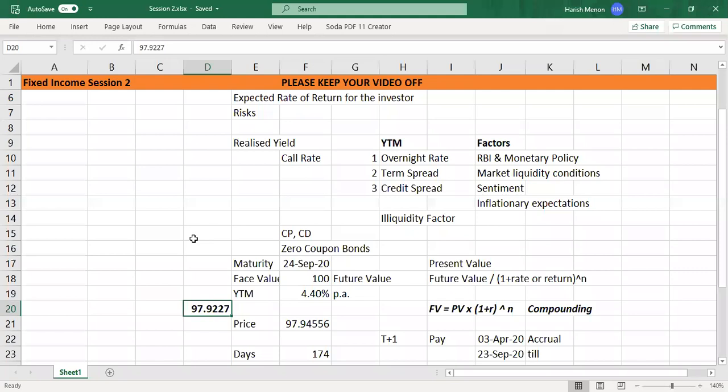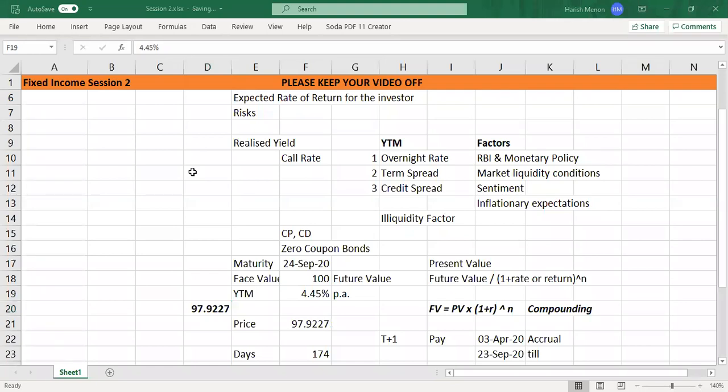If somebody pays 97.92, the yield is whatever it came to. I think it was 4.5 or 4.55 or 4.75. I forgot what the yield was. So that yield you will get, whatever was the corresponding yield. Oh, is it 4.45? Correct, 4.45. So that is the yield you will get if you buy at 97.9227.